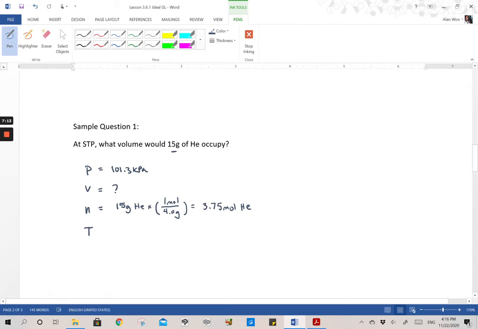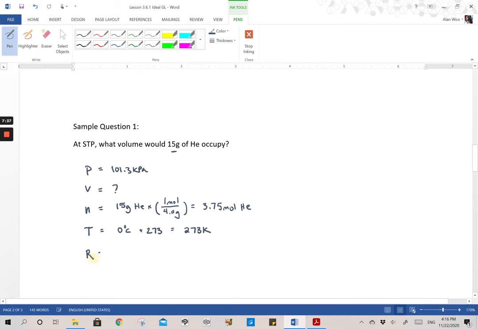And as for temperature, well, you're at STP. Standard temperature is 0 degrees Celsius, so we have to convert that to Kelvin. We add 273 to it, and that'll give us 273 kelvins. So we have pretty much everything that we need.